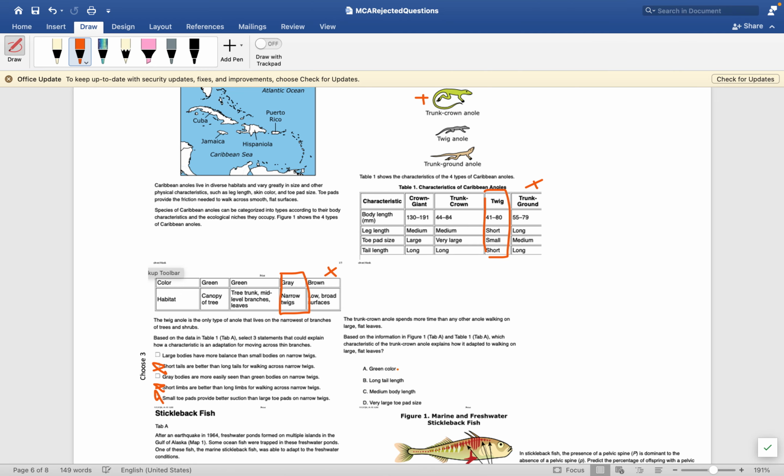Green color? No, they're not green. Long tail length. Okay, they do have a long tail. We'll come back. Medium body length. Body length. Oh, I'd say that's medium. We'll come back. Very large toe pad size.